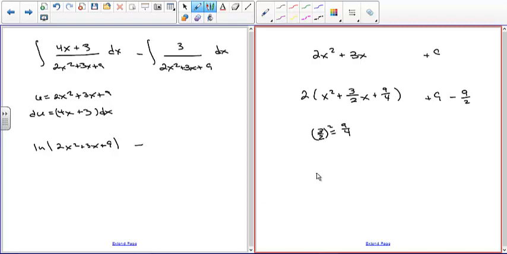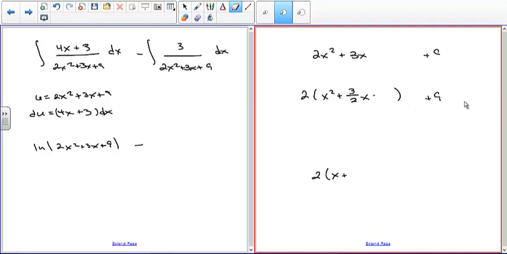And therefore, this finally would be 2 times x plus... wait a second. I've done something wrong, haven't I? I missed one step, sorry. Messed you up there. So you take 3 halves and you divide by 2 and you square it. I forgot this dividing by 2 bit.